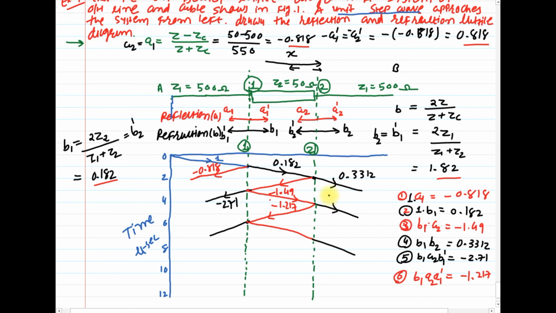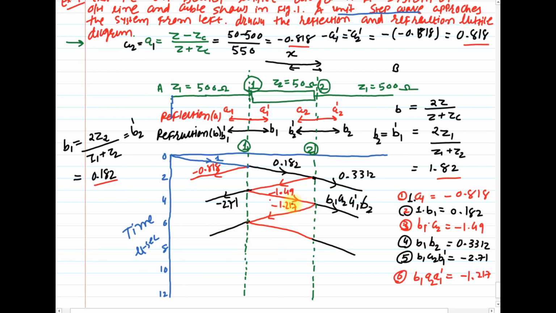So here we will get the B1 A2 into A1 dash into, over here it is B1 A2, then again B1 A2 A1 dash into the B2. Clear?